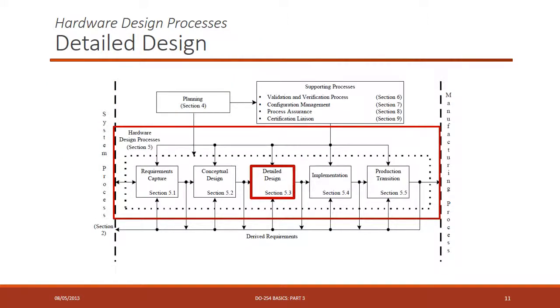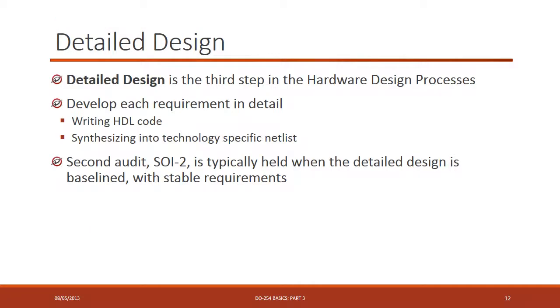The next stage in the hardware design processes is called detailed design, and this is really kind of the meat of the design flow. In what's typically an FPGA development, here's where you're going to be doing the coding, writing your HDL code for each specific requirement.